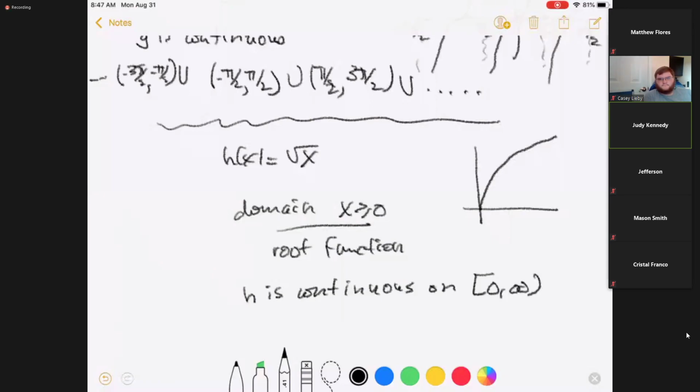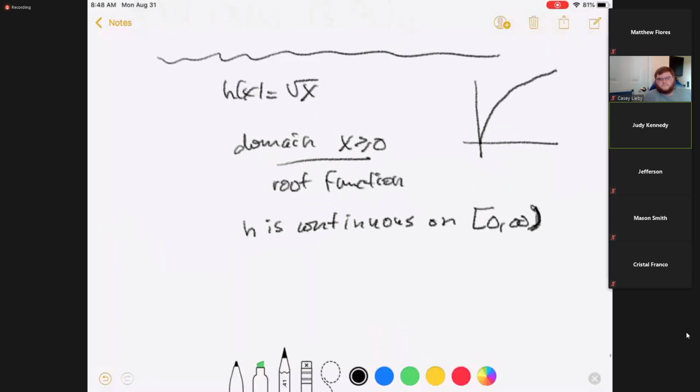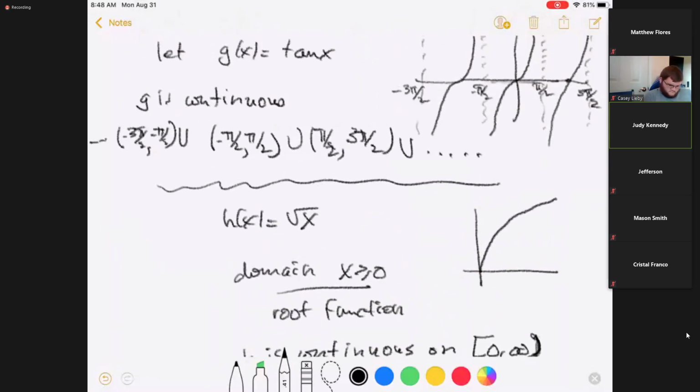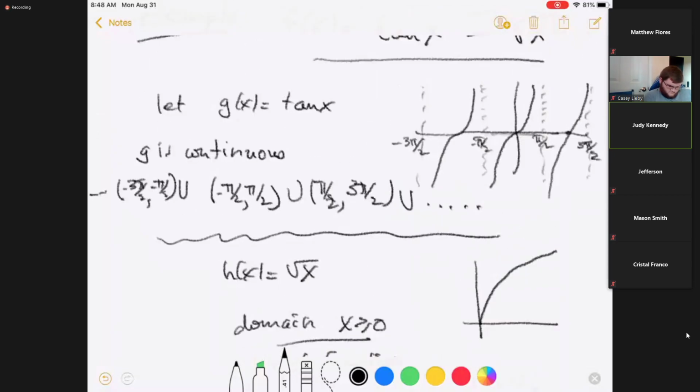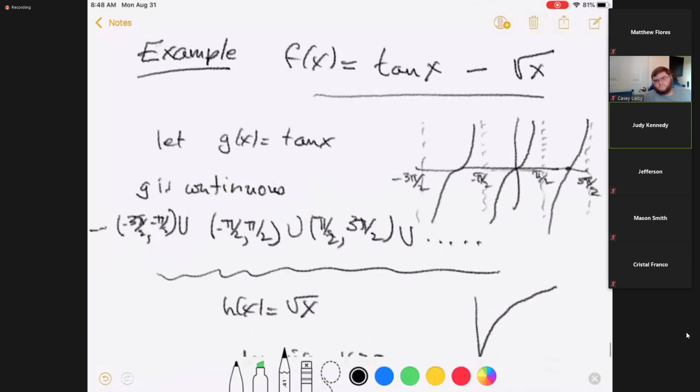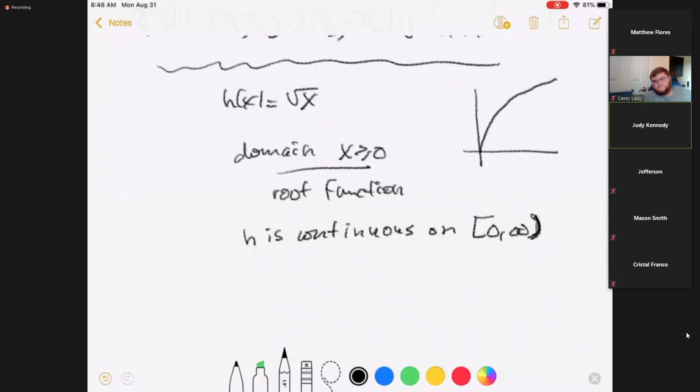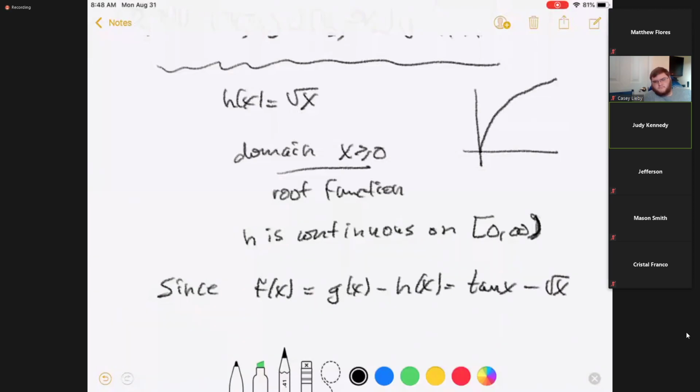Notice I put an open parenthesis at infinity because infinity is not a number and I cannot include it in an interval. So for this function, f is equal to g of x minus h of x, which is equal to the tangent of x minus the square root of x.